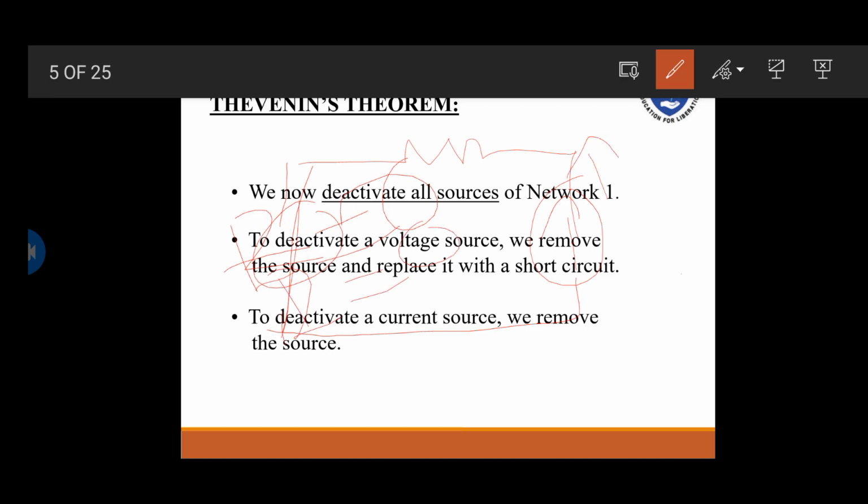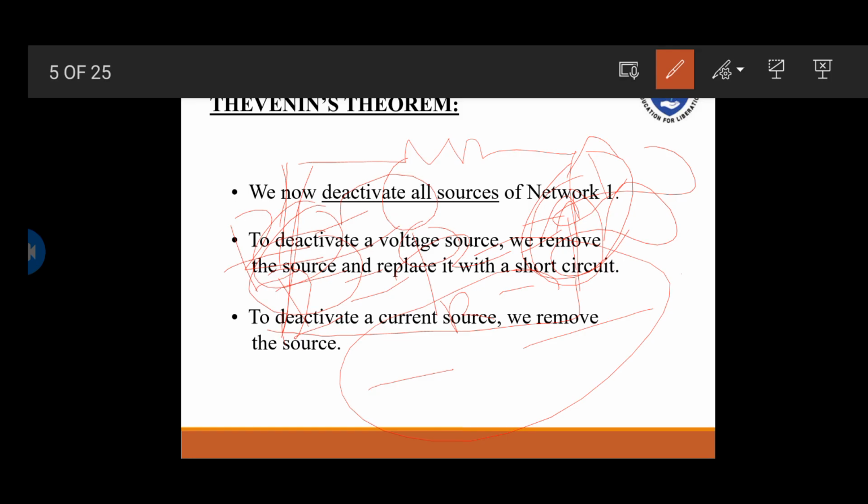You can think of it as cutting a wire, so the resistance tends to infinity and the current passing through is 0. So replace all voltage sources with a short circuit and all current sources with an open circuit.